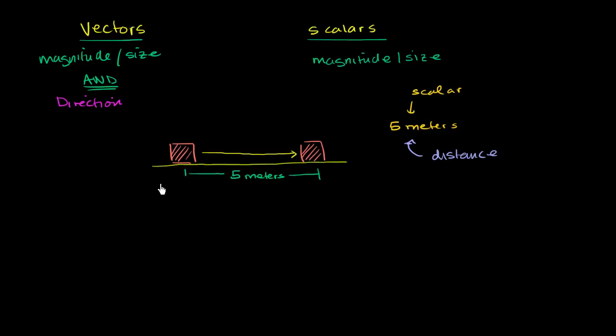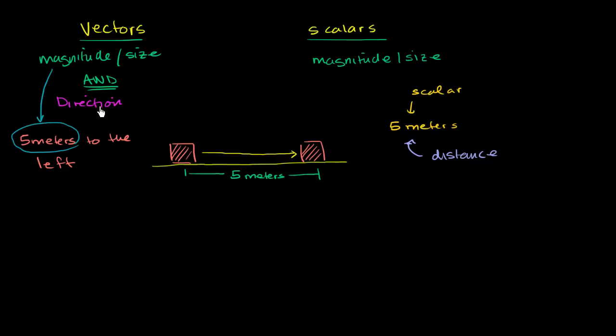If you want to specify that, we could say that this brick moved 5 meters to the left. Now we have specified a magnitude right over there. So that is a magnitude.